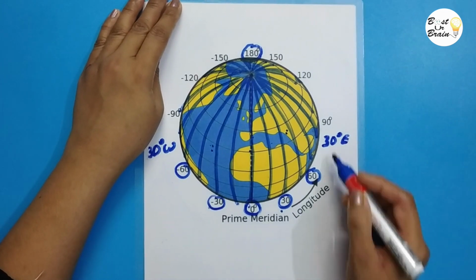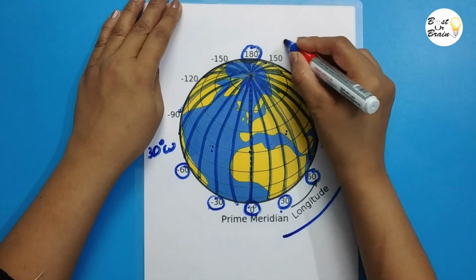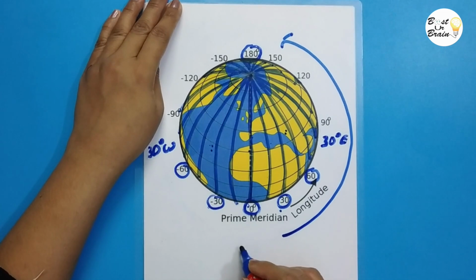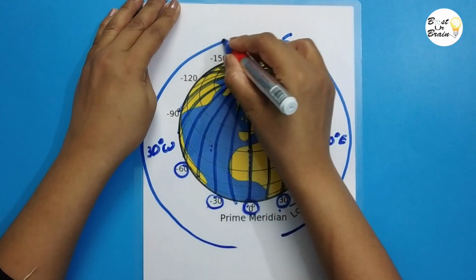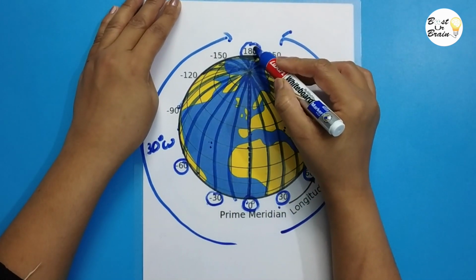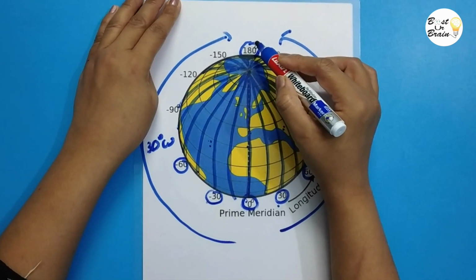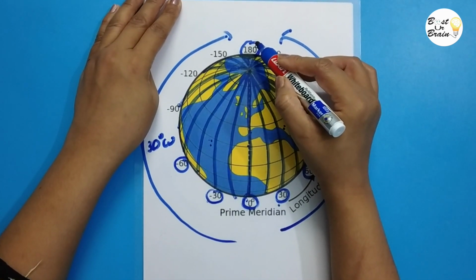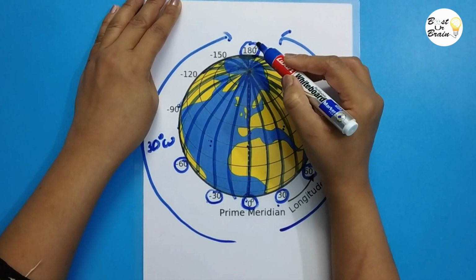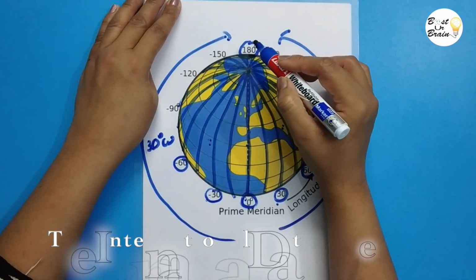There are 360 degrees of longitude. 180 degrees of longitude east of the prime meridian and 180 degrees of longitude west of the prime meridian. The 180 degree east and 180 degree west longitudes meet and form a single line on the opposite side of the prime meridian called 180 degree longitude or the international date line.